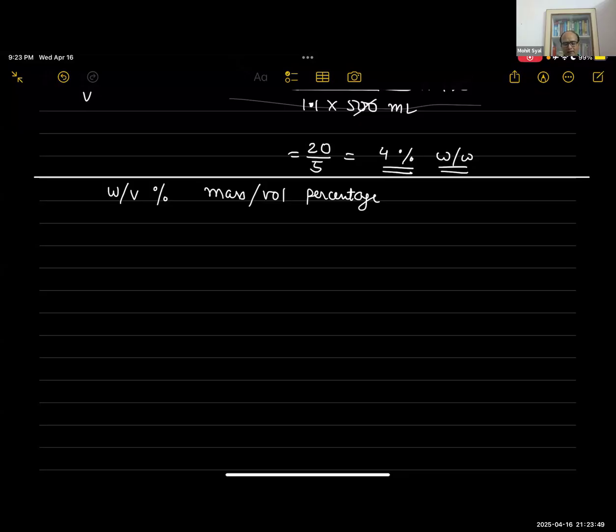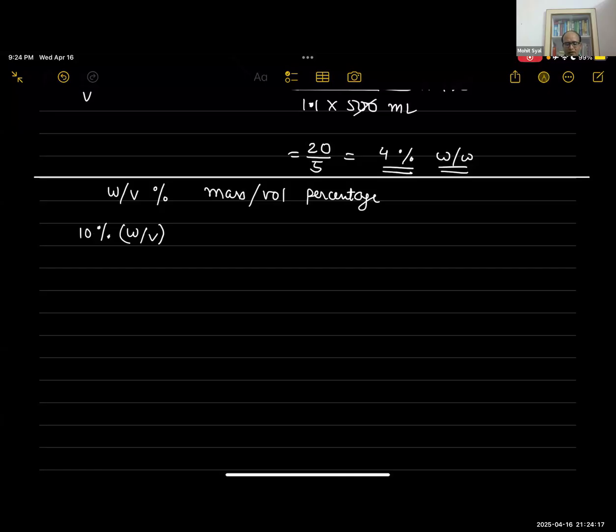For example, suppose you have 10%, you need to see whether it is W by W written. If it is W by W, it is the previous one, mass percentage, the mass of a substance divided by total mass. And if it is W by V, this is mass by volume percentage.